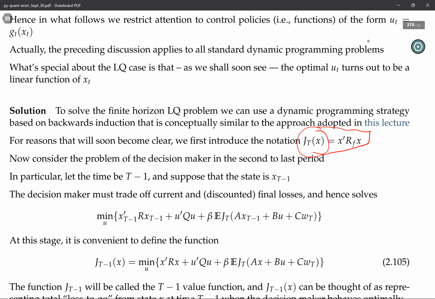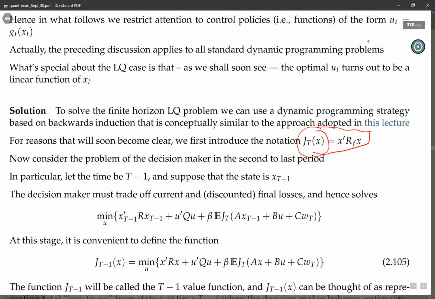That's our last state. So again, we've broken this into a bunch of little periods, and this is the last period when we're choosing u_{T-1}, and this is just fixed.